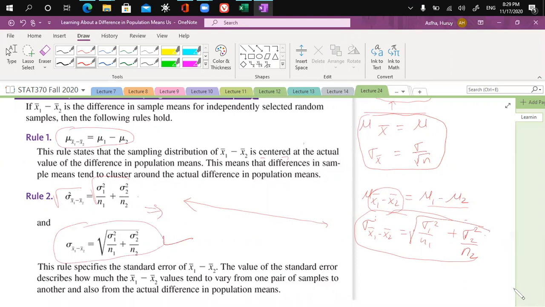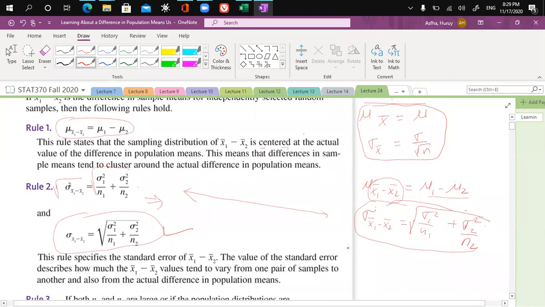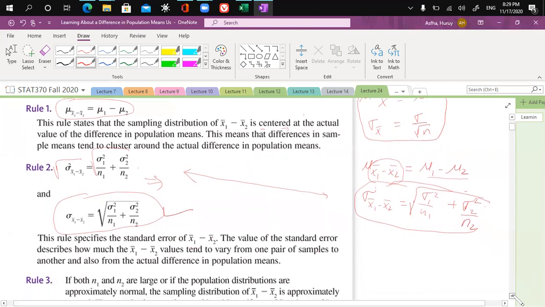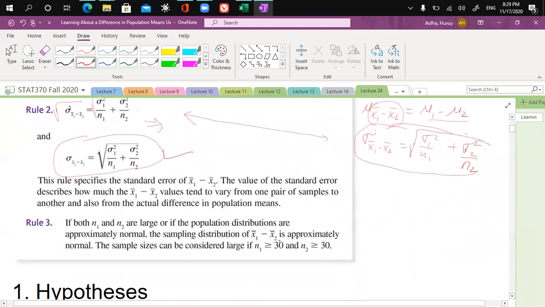Well, that's not enough. I know the mean and the standard deviation of the statistic, but I need the distribution. Now, when some assumptions are met, this x bar 1 minus x bar 2 is approximately normally distributed. What are those assumptions? One possibility is when n1 and n2 are both large.